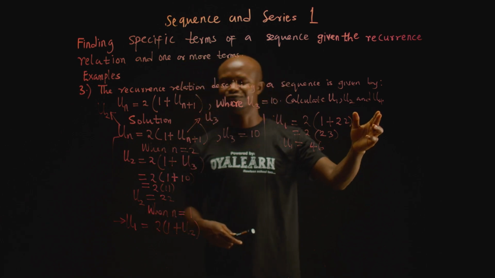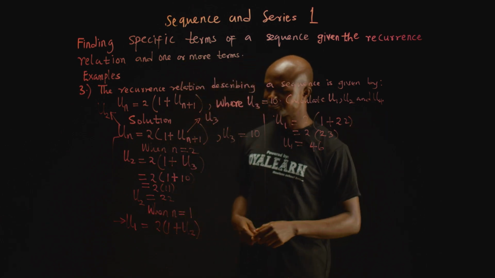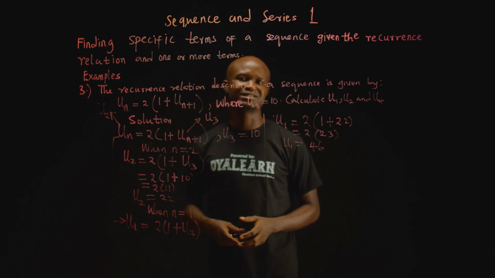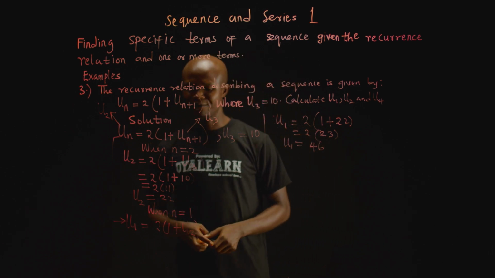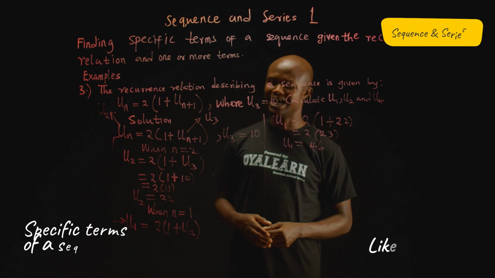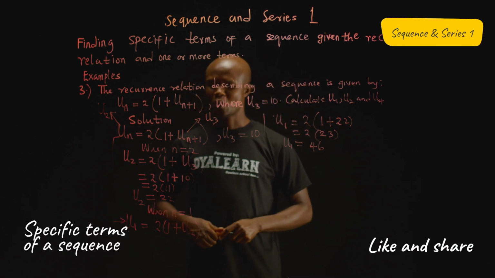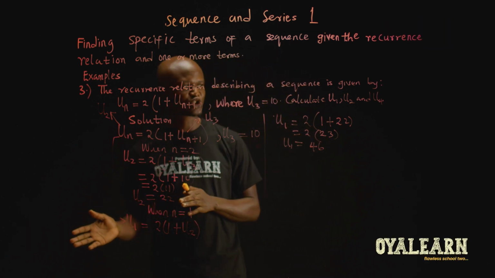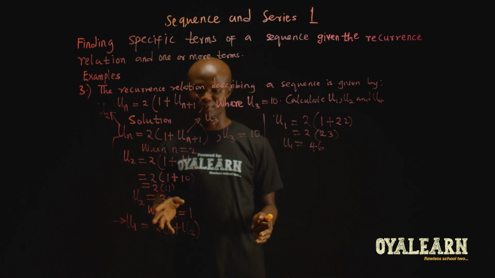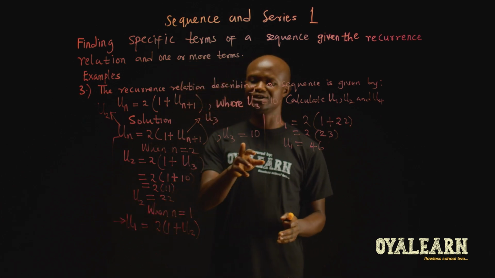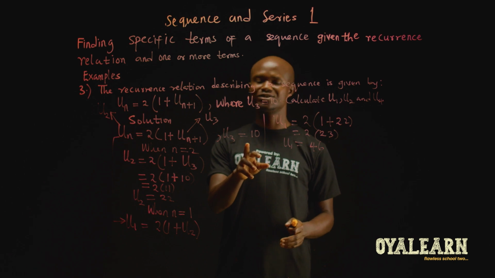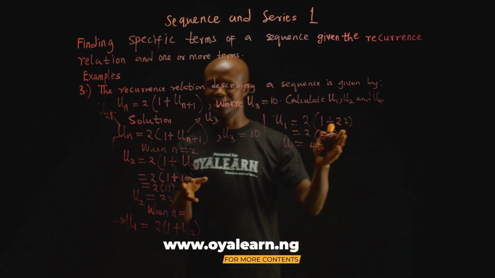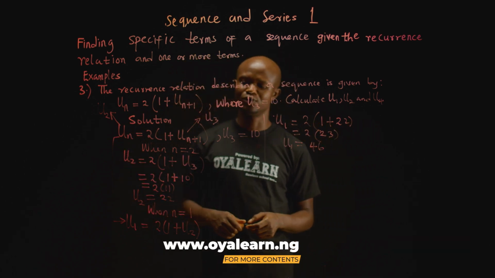We need to get the value for u_4. How do we calculate u_4? For us to calculate u_4, we need to create a relationship between u_3 and u_4, because u_3 is known.